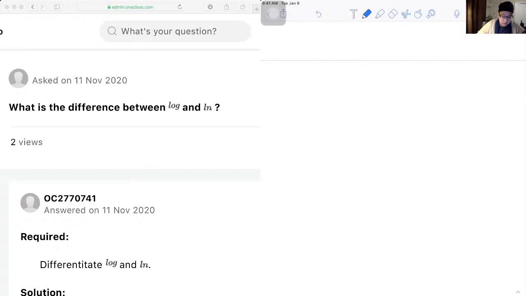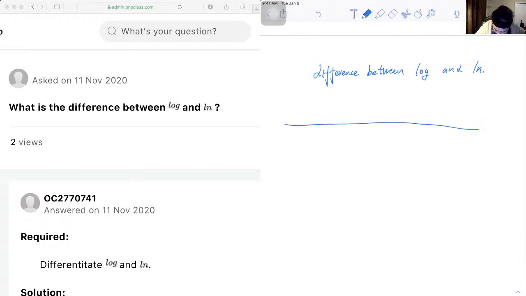Okay, our next question is asking us what is the difference between log and ln. Okay. So let's write it in this way.